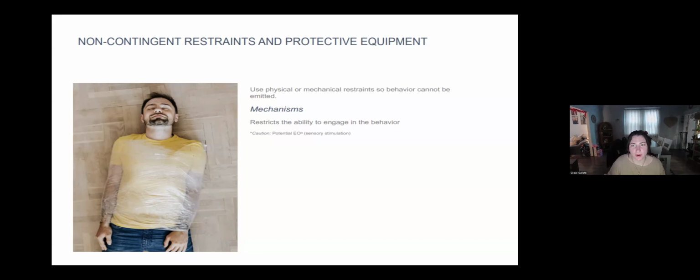People will poke themselves in the eye to the point where they are going blind. That's where something like this might be necessary, if it's going to be extremely harmful to their health or to the health and safety of other people. But very rarely is this really used. And you'd have to get special approval, not only from a human rights committee, but also from a BCBA.